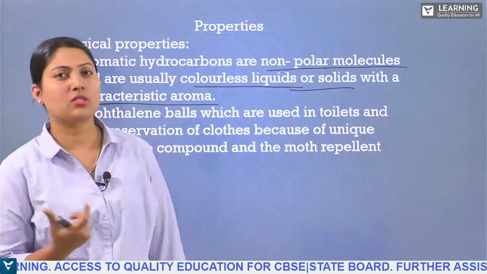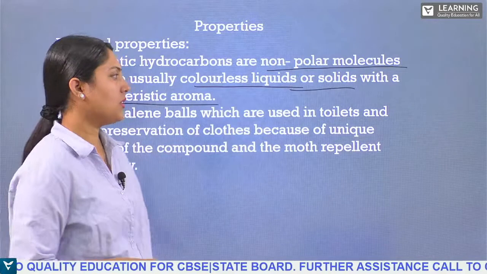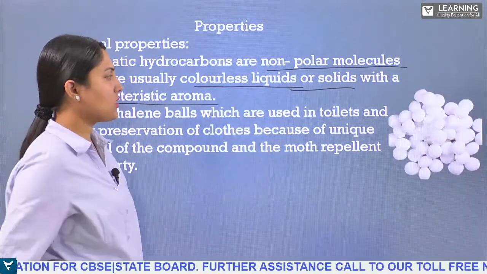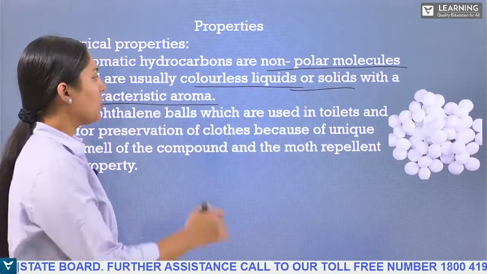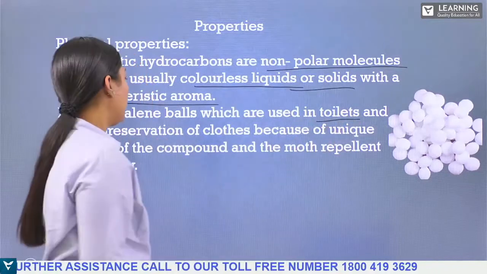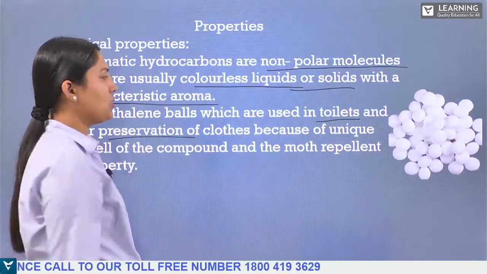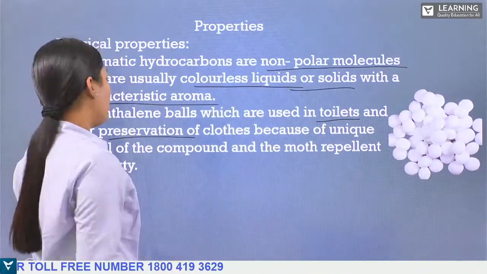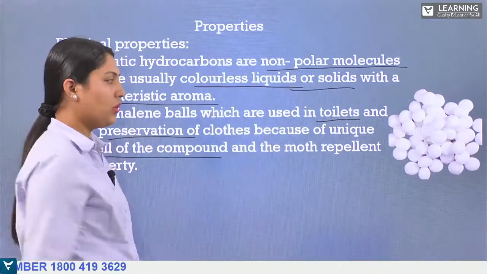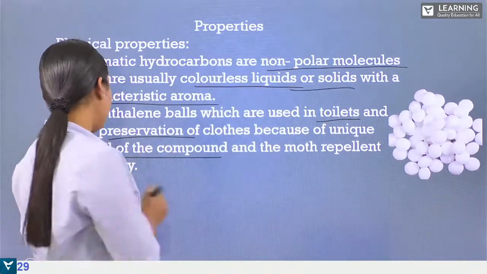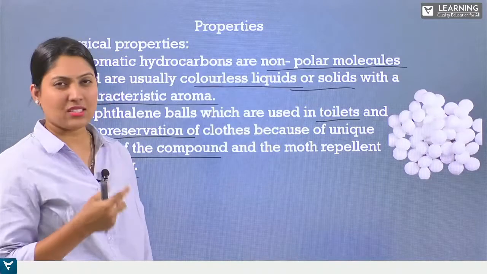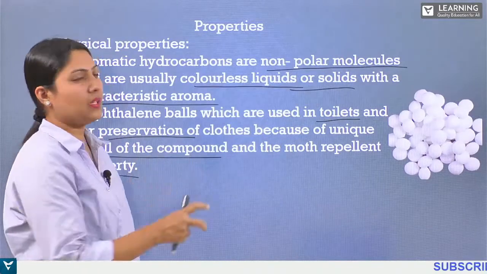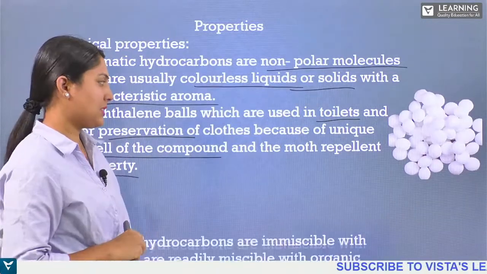Naphthalene balls are used in almirahs, even in washrooms, for preservation of clothes because of the unique smell of the compound and its moth repellent property. So it has its own smell such that it will repel moths or insects.